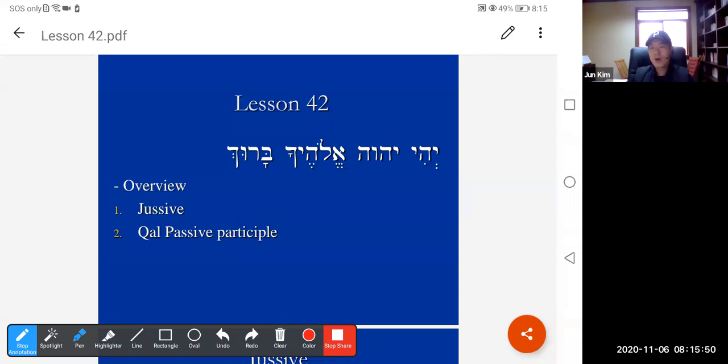I know it's a bit hard to answer because we have two verbs. So the first and the last, they are all verbs. So, in fact, today's lesson is not simply about just form, but we need to talk about the qal passive participle. The first one falls in the area of jussive, and the last one, Baruch, is a passive participle form.